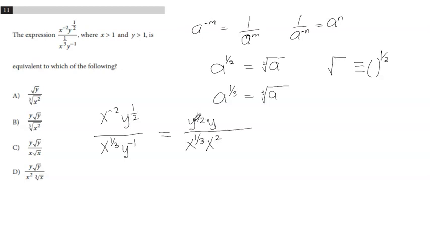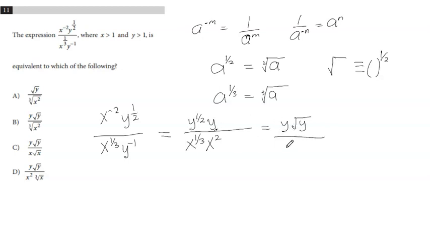And then we know y raised to the power half is the same as the square root of y. So this in effect becomes y, which is this y, multiplied by the square root of y. So these two are the same.